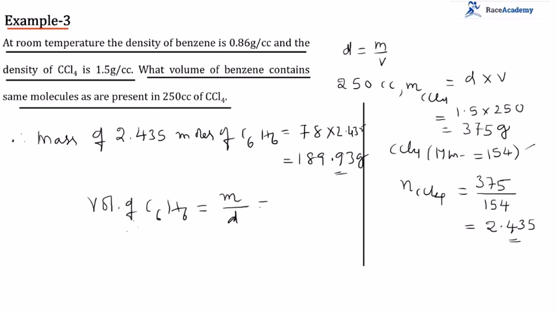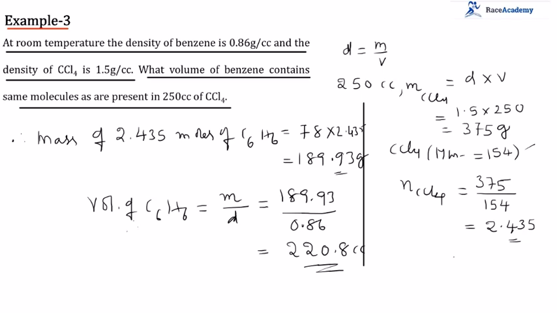The mass of benzene we got is 189.93, divided by the density of benzene given in the problem as 0.86. If you substitute this value, upon simplification you get 220.8 cc as the answer for this question.